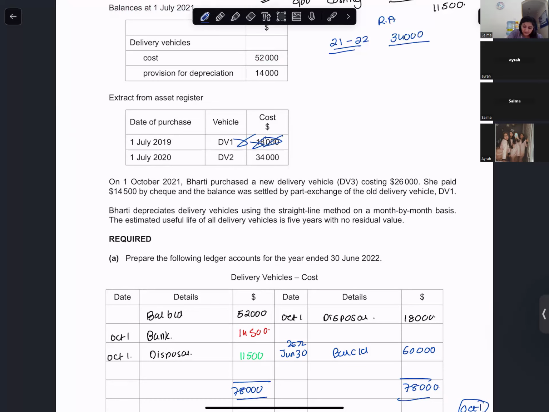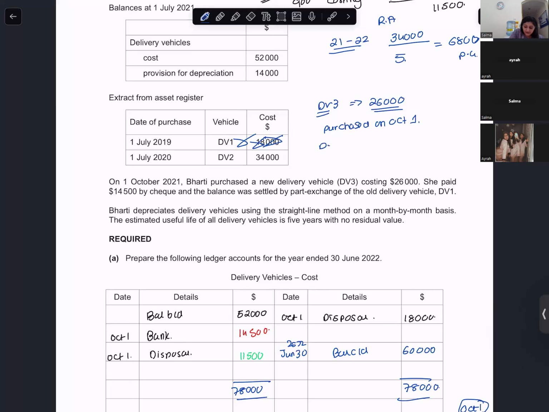So 34,000 divided by 5. Depreciation per year for DB2 is 6,800. And DB3 is how much? It is for 26,000, purchased on October 1.